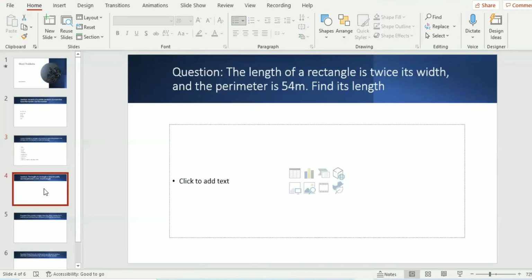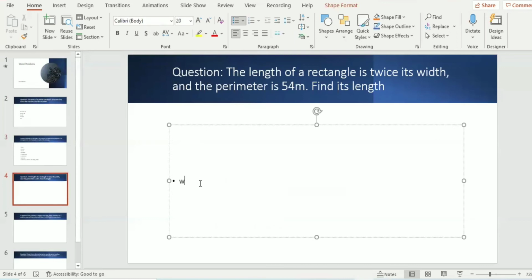Now the next question is, the length of a rectangle is twice its width and the perimeter is 54 meters. And we have to find its length. So let's say we assume that width is equal to x, as we don't know the width, and the length of a rectangle is twice its width.